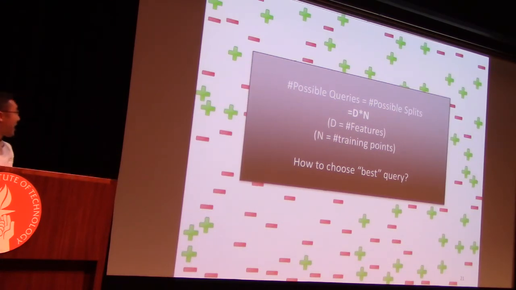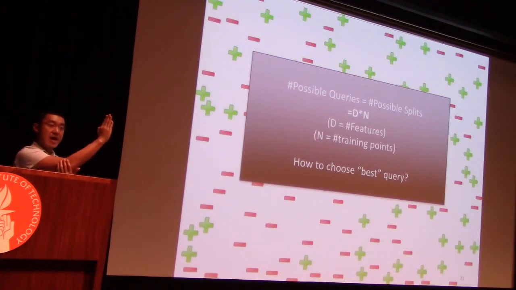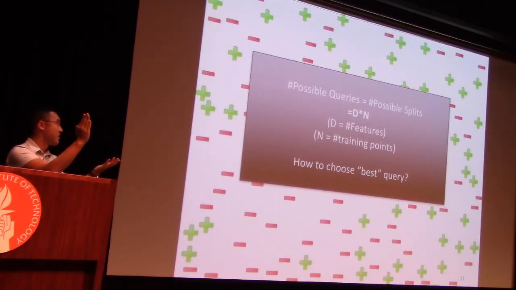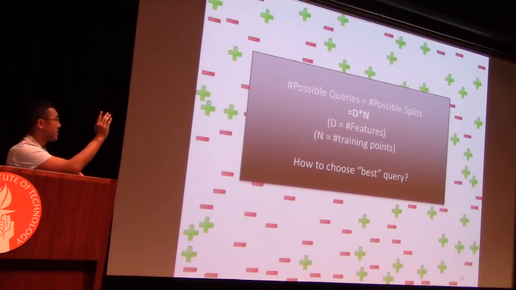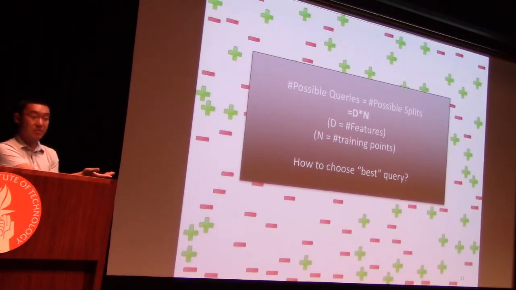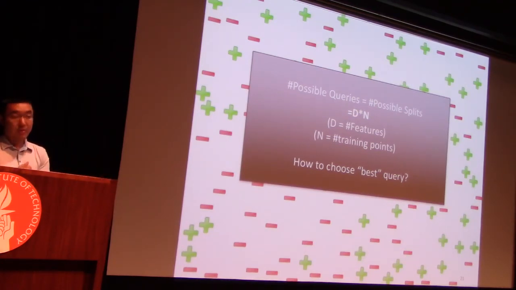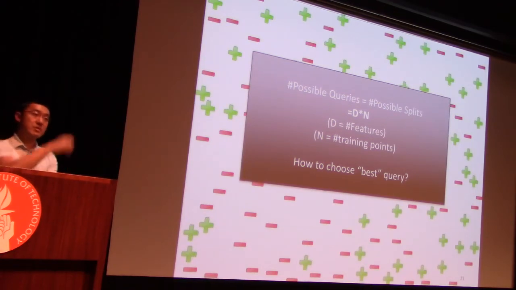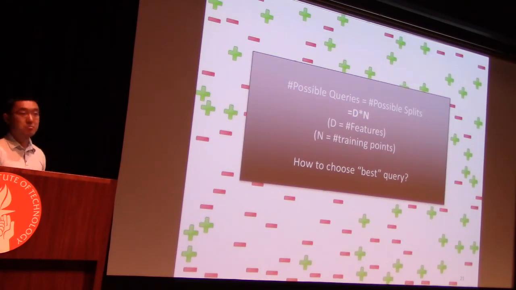So if there are D features or D dimensions and N training points, then you have capital N or capital N minus 1 splits per feature, I'm not counting the off by 1, so on the order of D times N possible splits. It's linear in the number of features, and it's linear in the number of training examples. So if we were to brute force this for a simple decision tree with a single query and 2 leaf nodes, we would just brute force this.